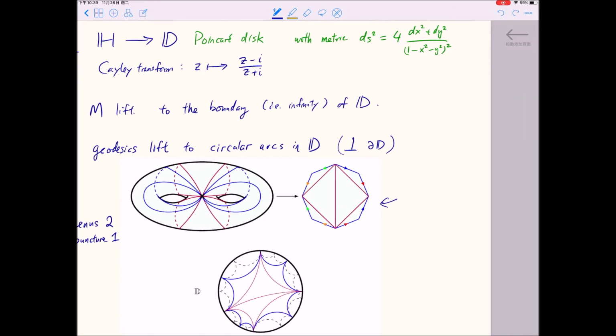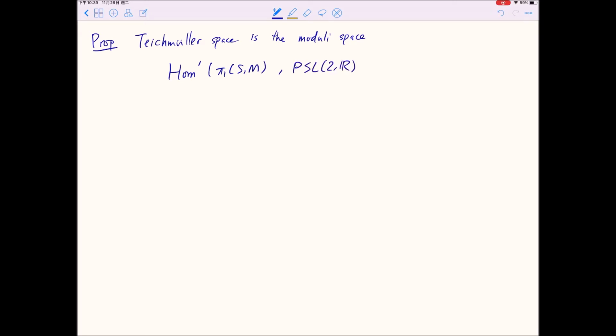So a remark on the Teichmüller space is that it has another realization from the previous discussion. It will be a moduli space of all the homomorphisms from your fundamental group to PSL(2,R), right?